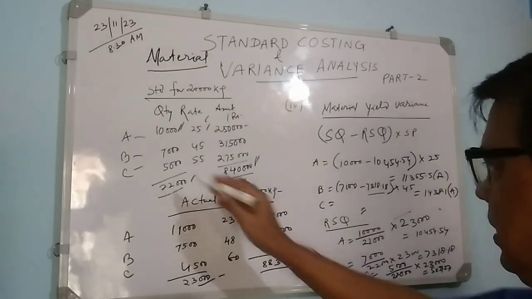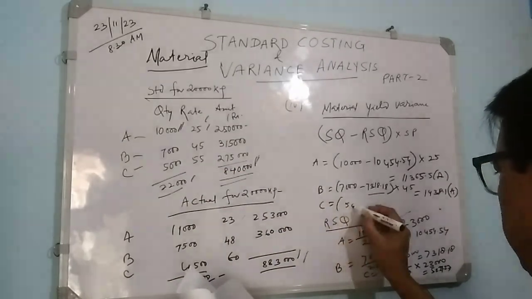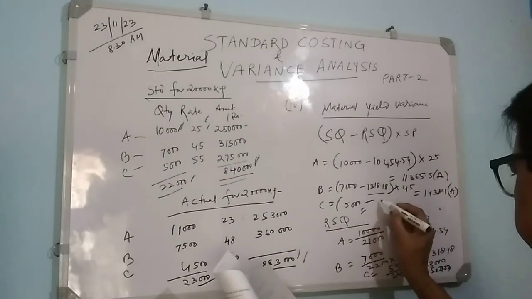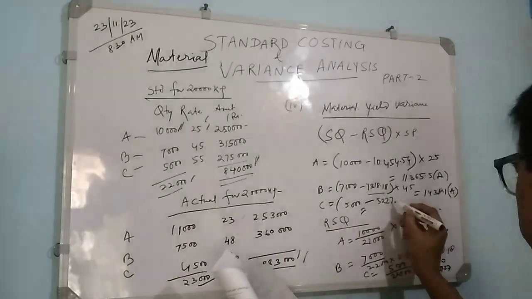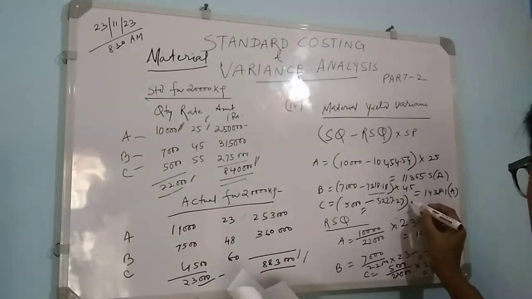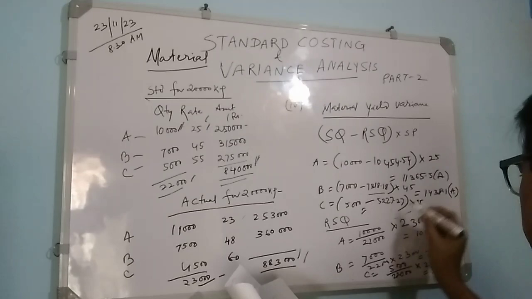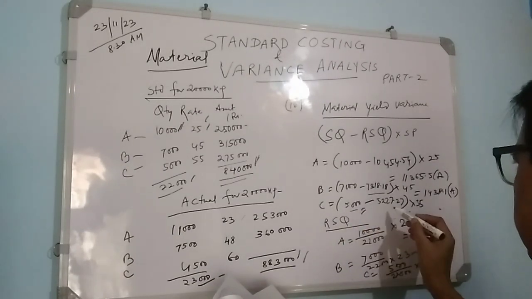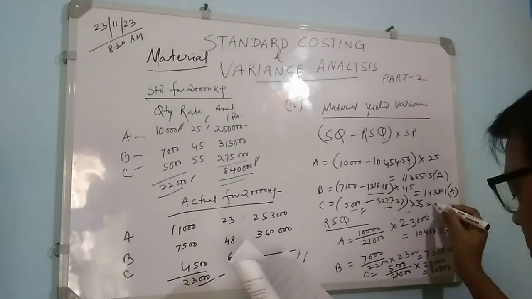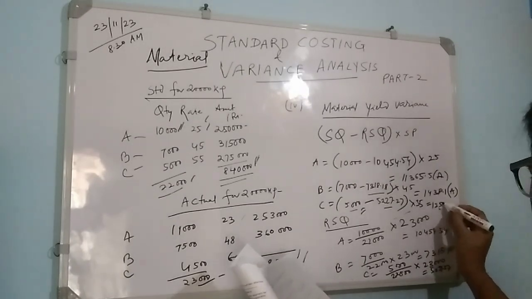C equals, similarly, 5,000 minus 5,227.27 into standard price 55. Here also the revised standard quantity is more, so this figure is 12,500.